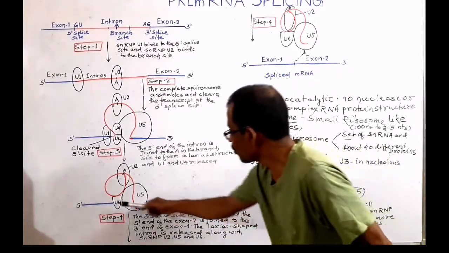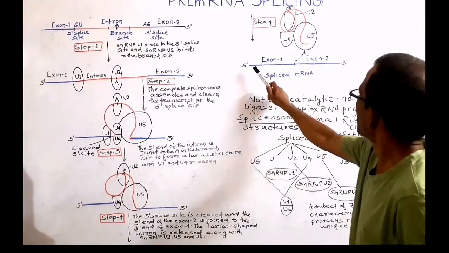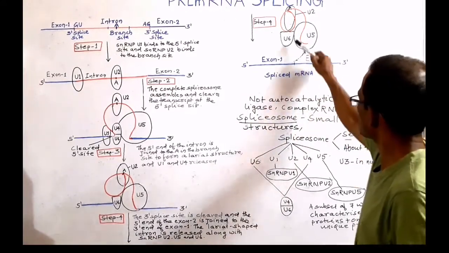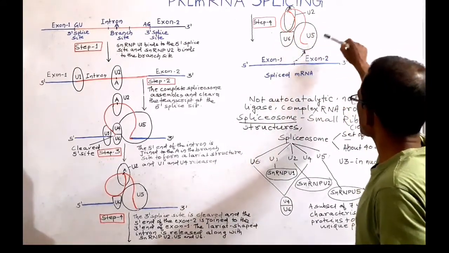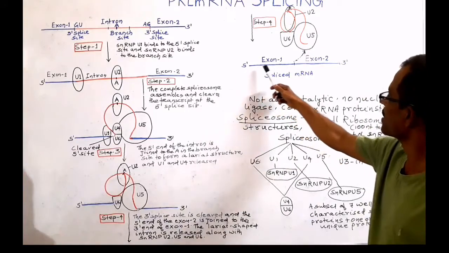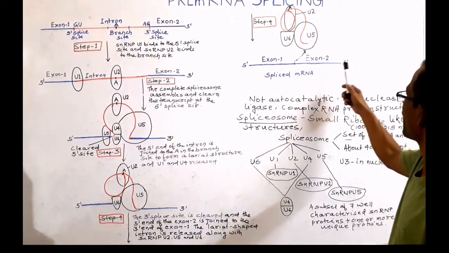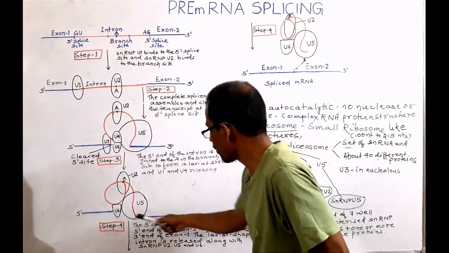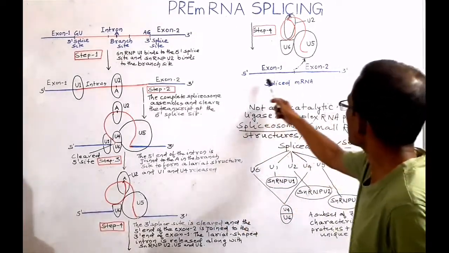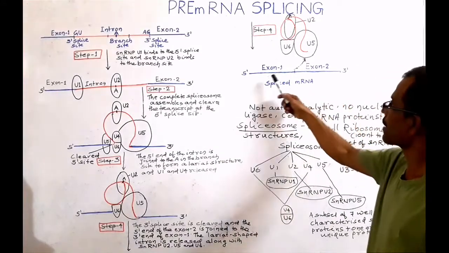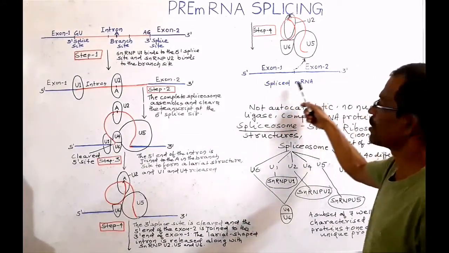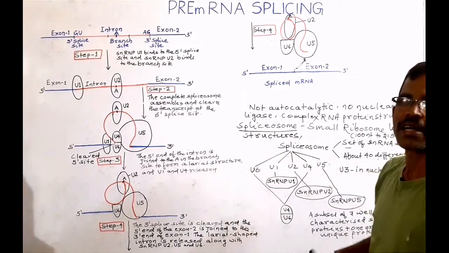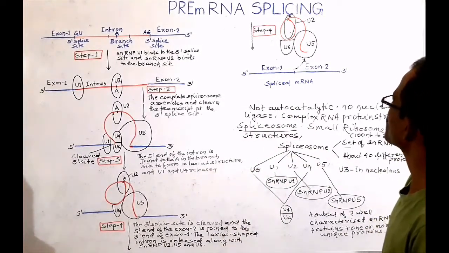Thereby, these 2 exons are joined. And this is the mature mRNA. And this is the lariat-like structure. So friends, this is the spliced mRNA. Due to the joining of exon 2 and exon 1, the final product is formed. And the final product is the mature mRNA, which is then translated to form a polypeptide chain.